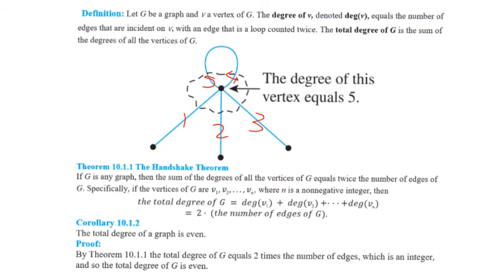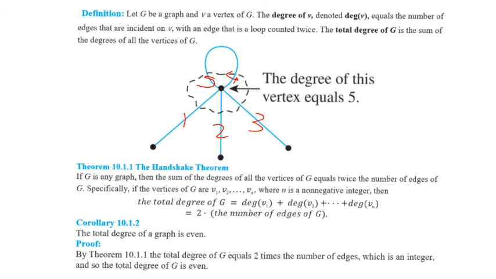It says if G is any graph, then the sum of the degrees of all vertices of G equals twice the number of edges of G. Specifically, if the vertices of graph G are V1 to Vn, where n is a non-negative integer, then the total degree of G is equal to the summation of degrees of Vi, i from 1 to n.